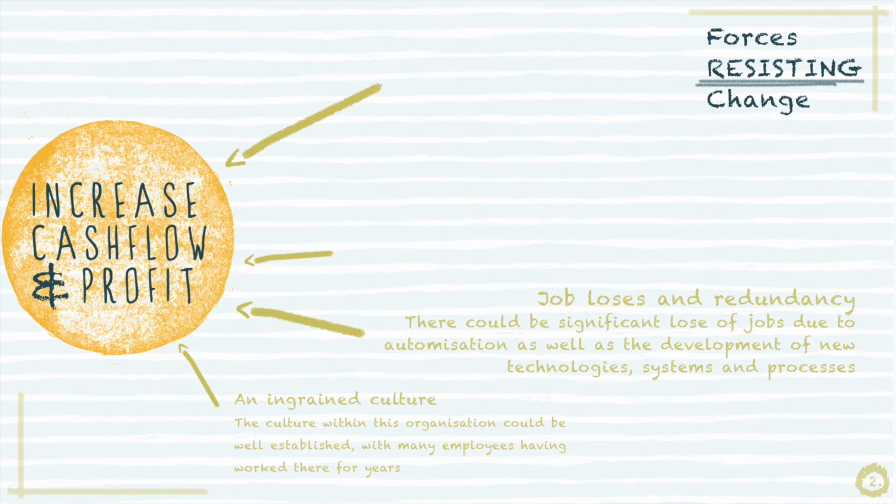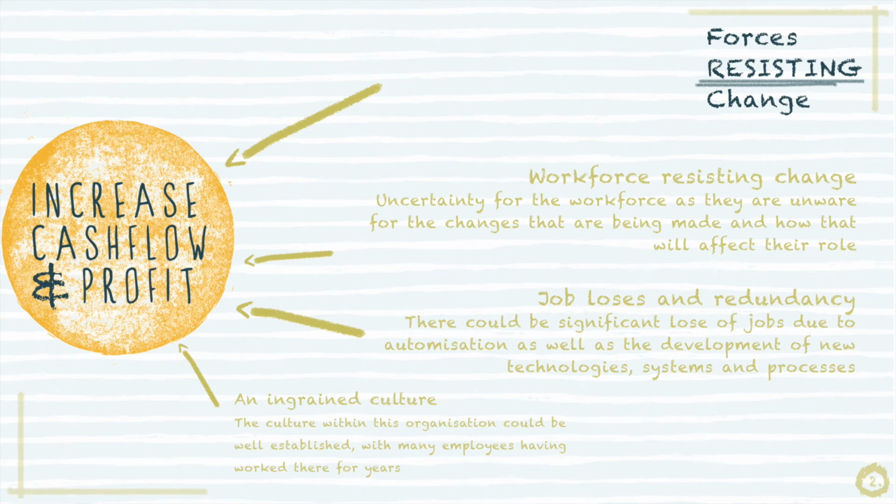Significant job loss could come from the fact that there is going to be a lot more automation, new technologies and systems in place. This reduces the need for a large workforce. As we've already touched on, the workforce might really resist the change and feel uncertain to what their job roles may look like and whether there'll be training involved.